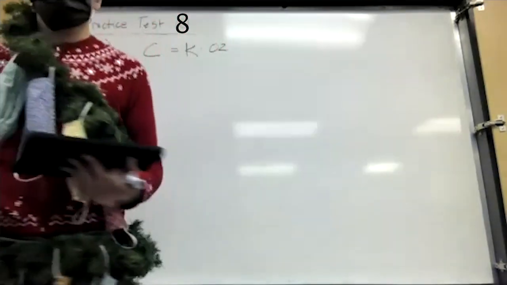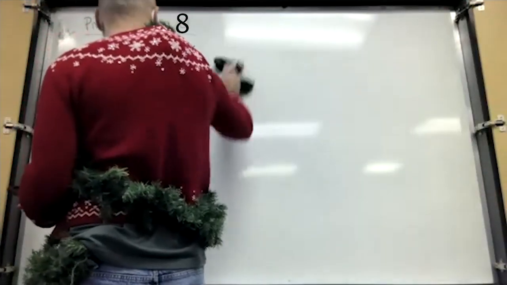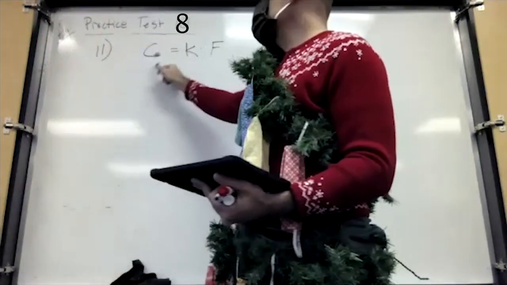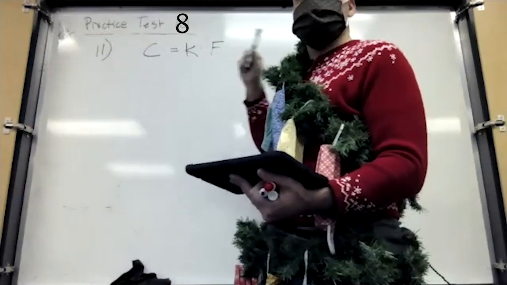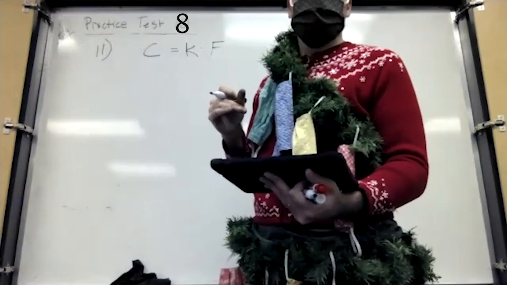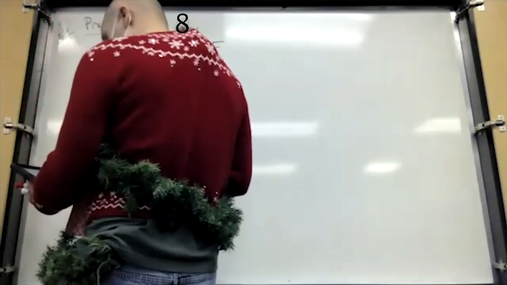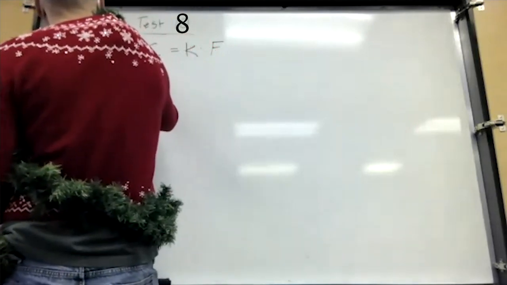So let's just say F. See how the number of cups varies directly as the number of fluid ounces. If it was inverse variation, it'd be a division problem instead of a multiplication problem. Okay? Now we're going to plug in our first example. So scenario 1.